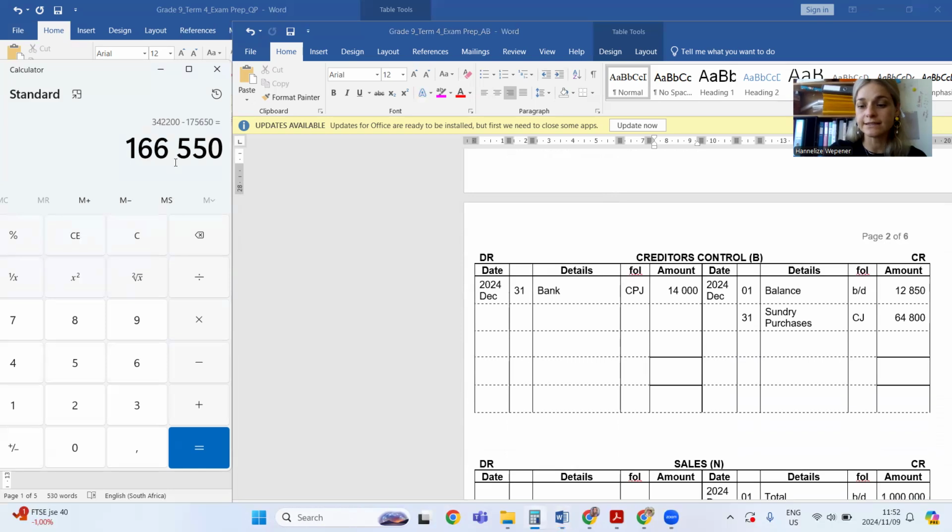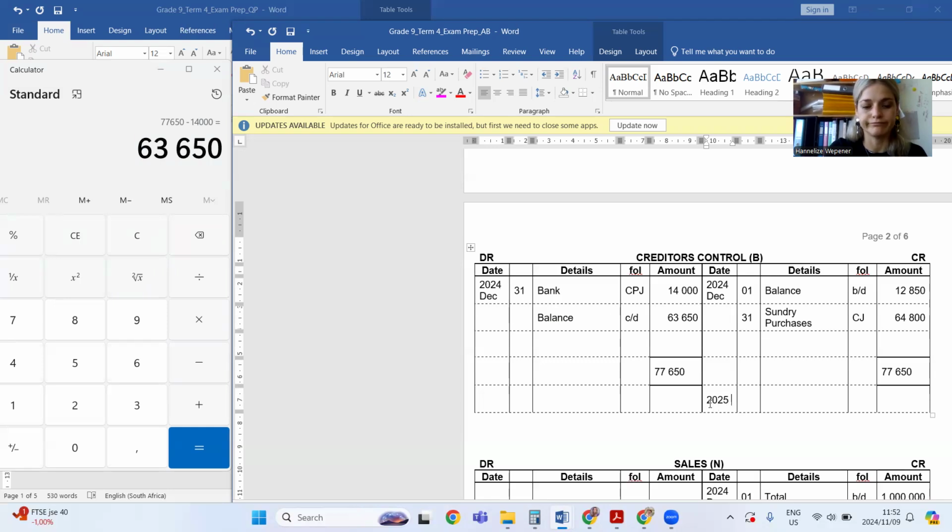Okay, next up, creditors control. Now the credit side is the bigger one. So we write that total on both sides, 77,650, and we subtract the smaller side. We write that difference in there to make it equal. And this is our balance, balance carried down and brought down on the first day of the next month.